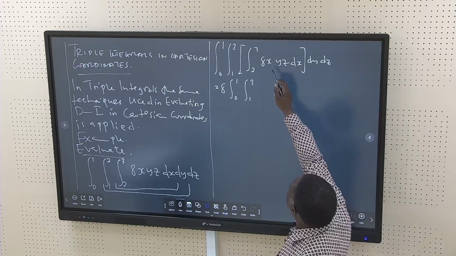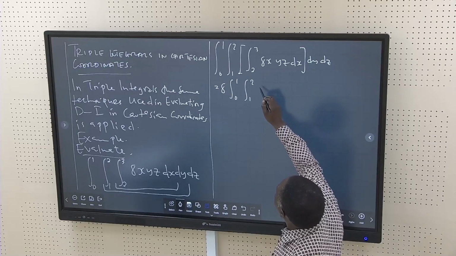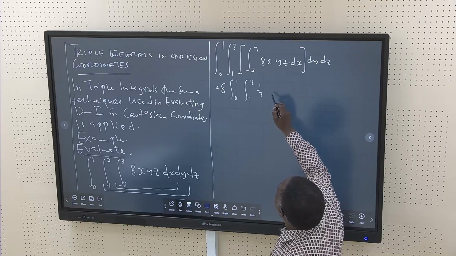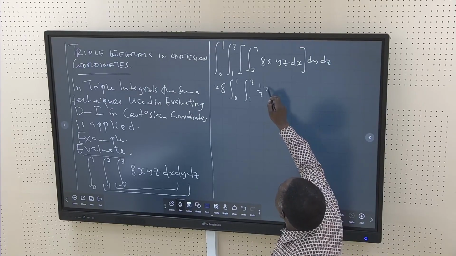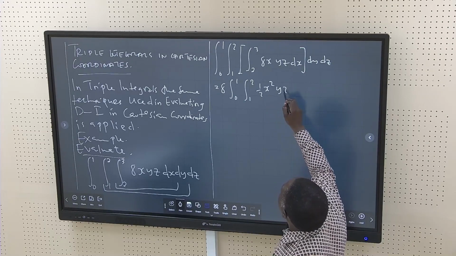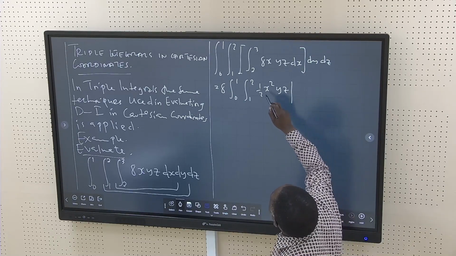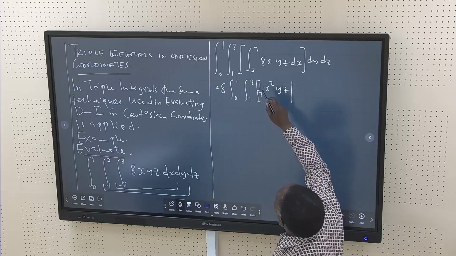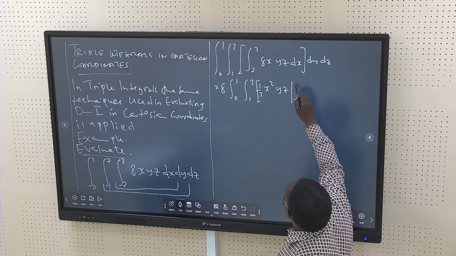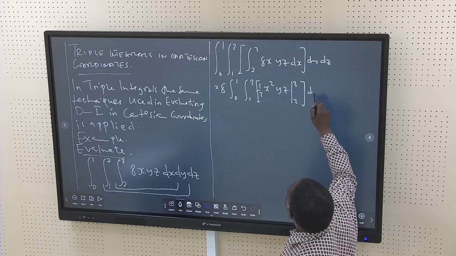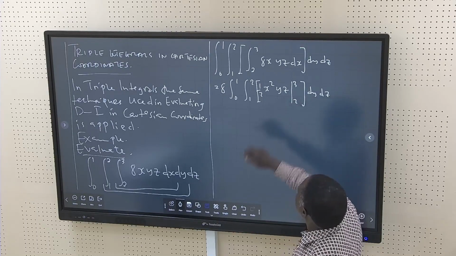So integrating x here, we have a half x square yz, from 2 to 3, with respect to y with respect to z.